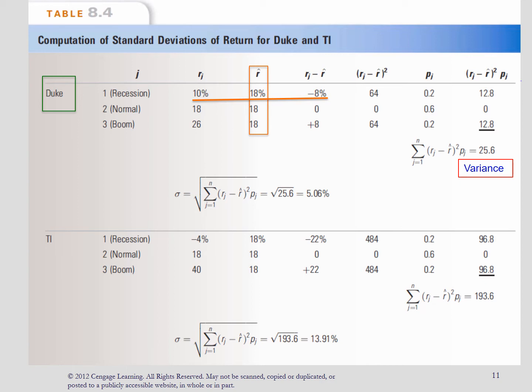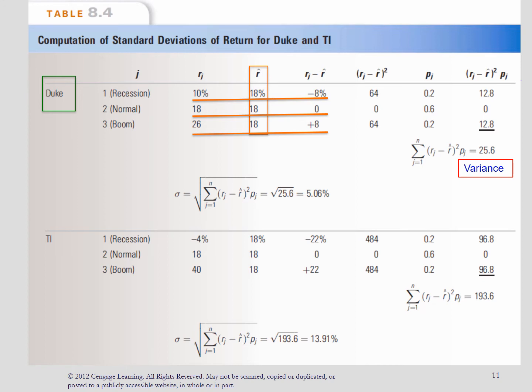The deviation of the second is 18% minus 18% equal to 0. The deviation of the third is 26% minus 18% equal to 8%.